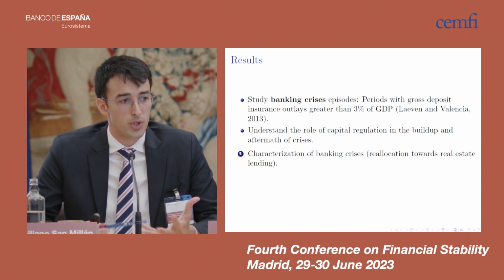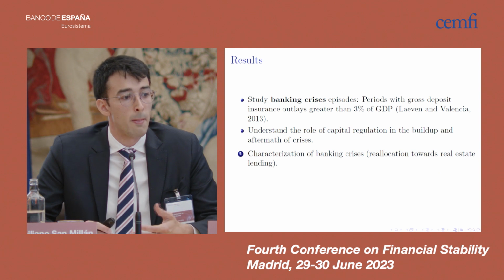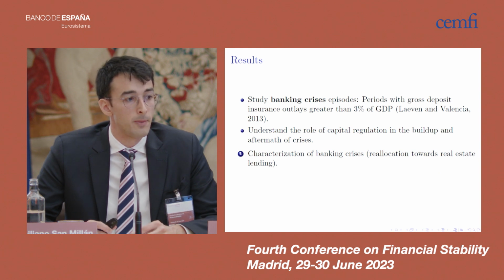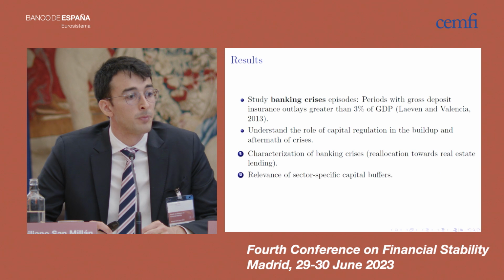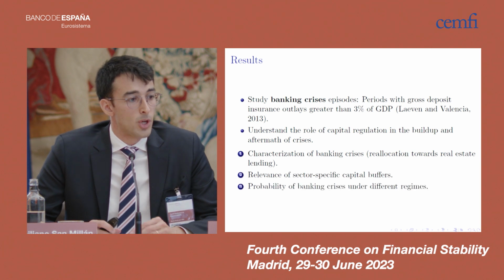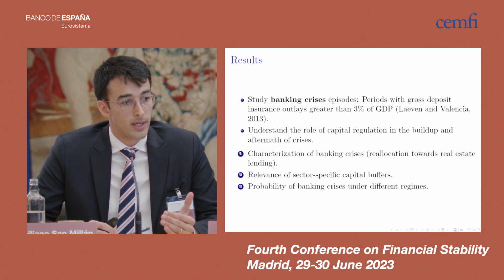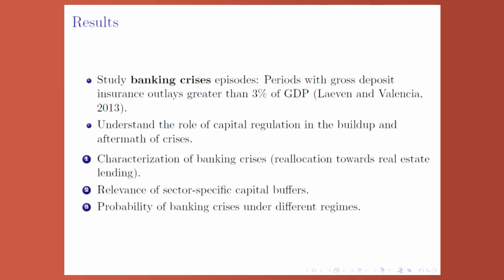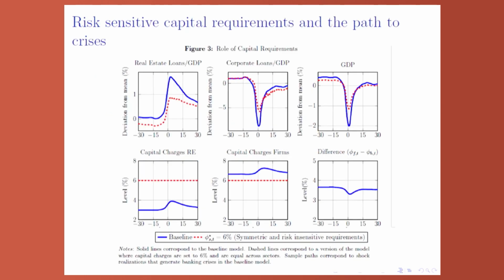I want to understand what's going on in the path to a banking crisis, what's going on with real estate credit, what's going on with corporate credit, and what's going on with capital requirements. So I want to look at how these crises look when I adopt different buffers, and I want to look at the outcomes in terms of the probability and severity of banking crises.